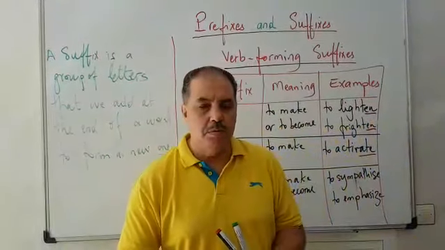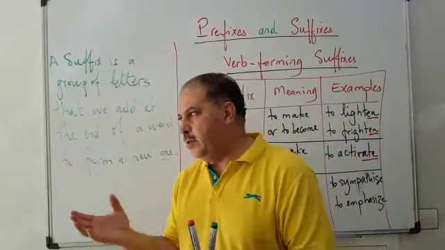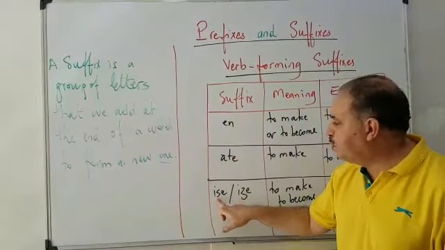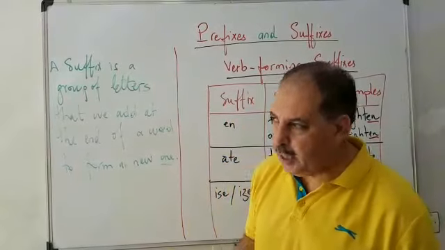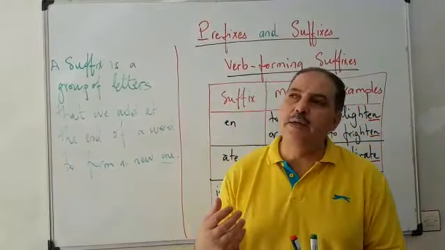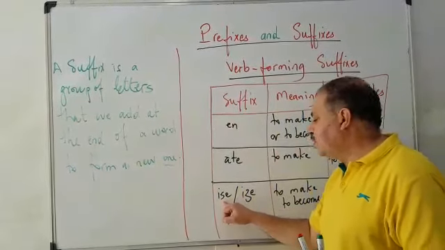In English, there is no difference between the two. The main difference you may notice is that the first one, ISE, is British, which we use in Britain, in England, and the second one, IZE, is American.